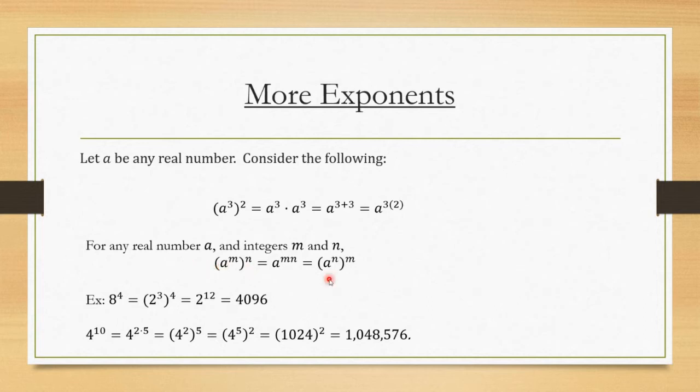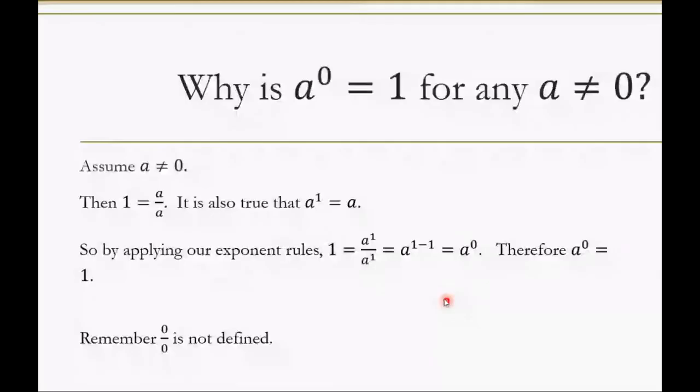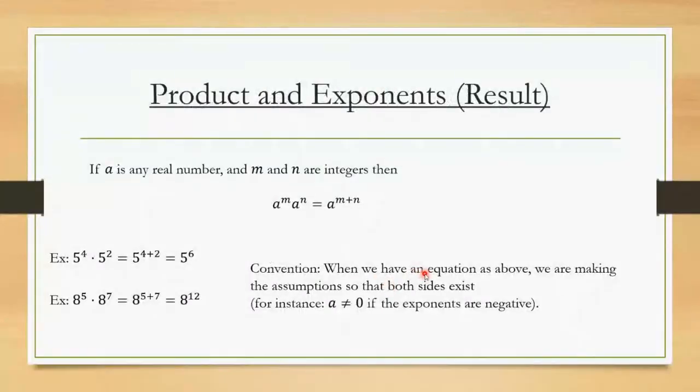So this is what we have. And again, up here, this is giving you an idea as to why this is true, although this is not a proof, because m and n could be any 2 integers. And again, we're still sticking with that convention from earlier. Let me go back to it quickly here. When you have an equation, we're making the assumption that both sides exist.